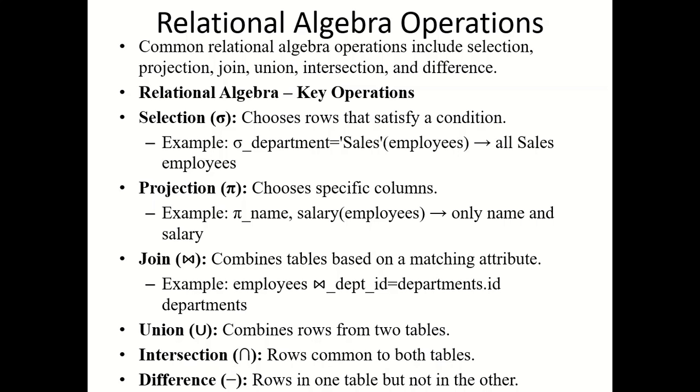Selection chooses the rows that satisfy the condition. Projection is used to choose specific columns. Join is used to combine the tables based on matching attributes. Union is used to combine the rows from the two tables. Intersection is used to get the rows common to both tables.